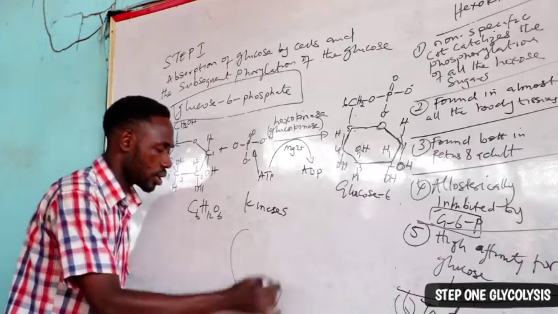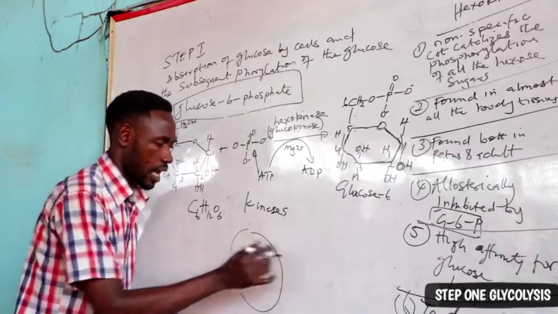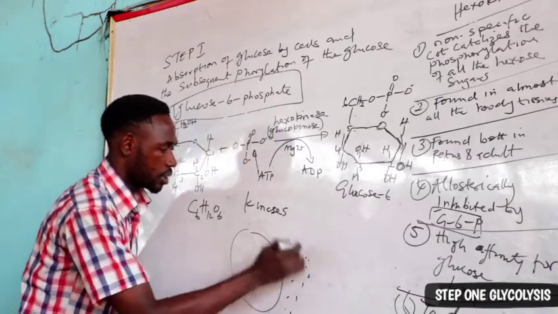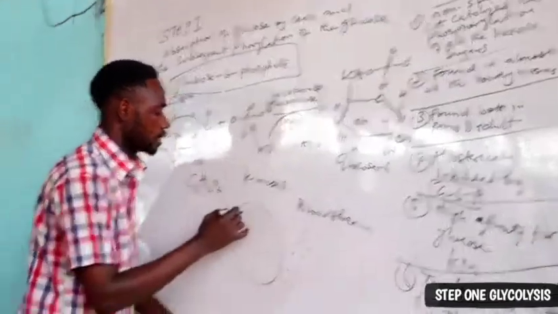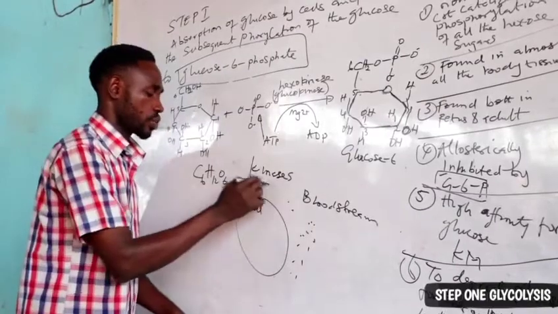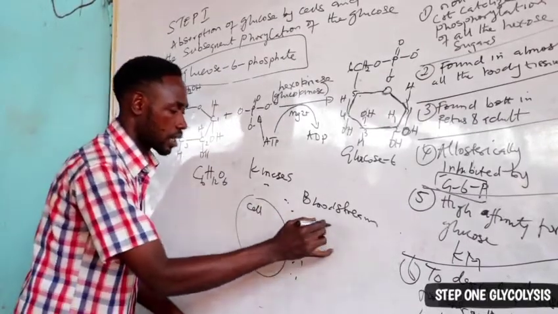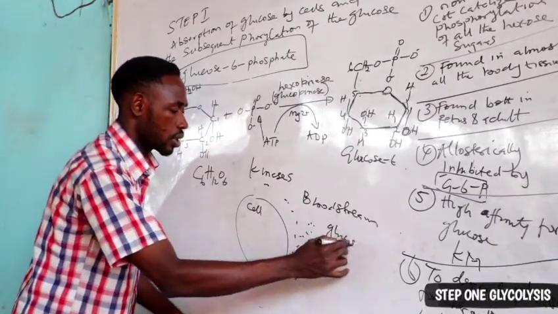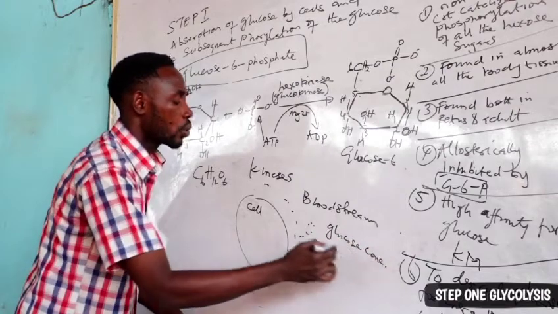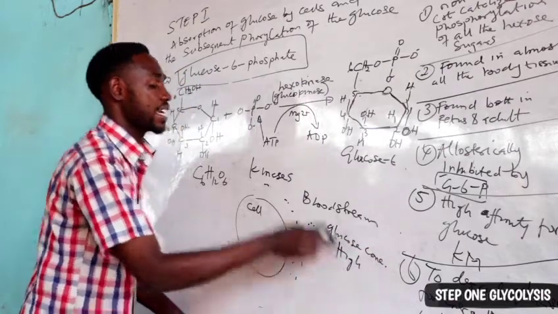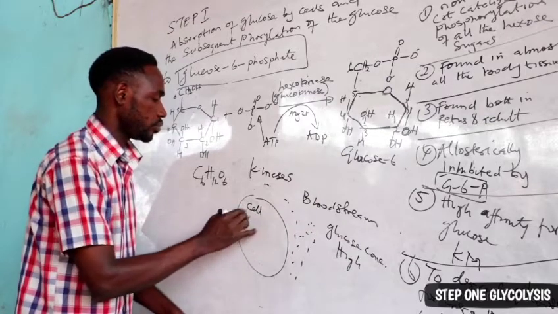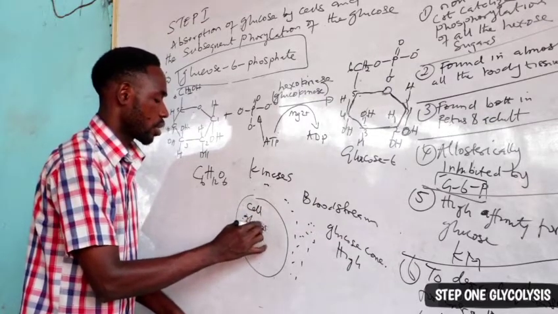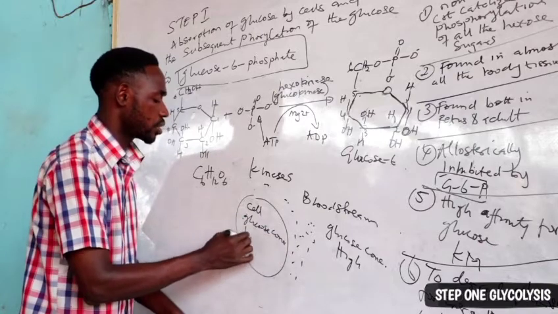Because if this is a cell and this is our blood, the bloodstream, and this is the cell which is suspended inside the blood, let's take a look at glucose concentration. Glucose concentration is always high in the bloodstream, and glucose concentration in the cell is always low.